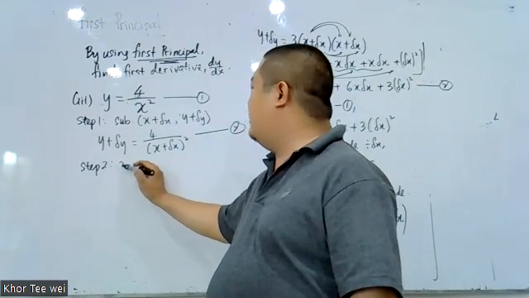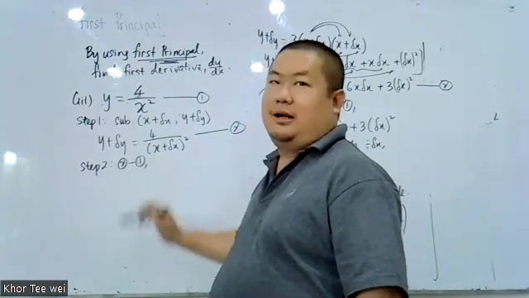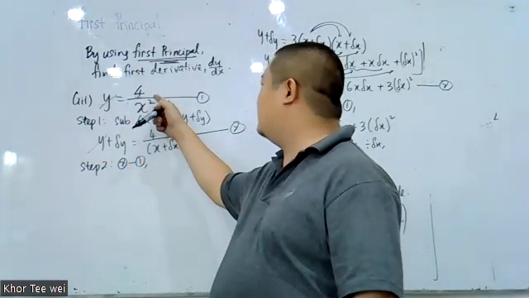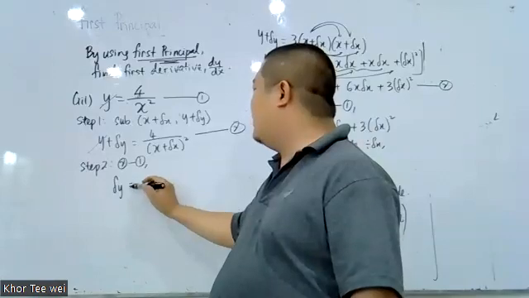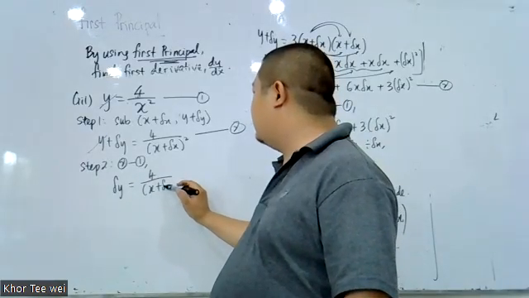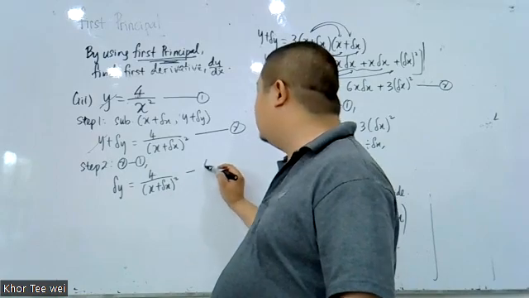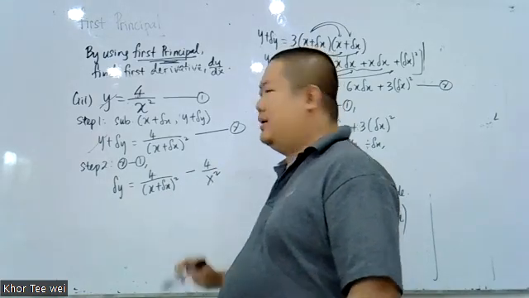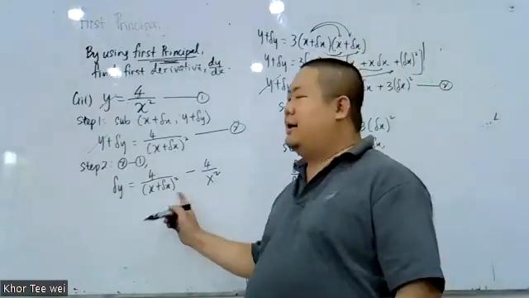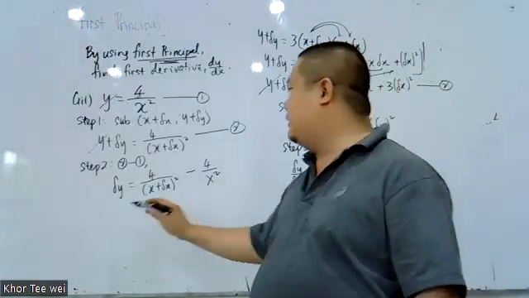Okay, now we're going to step 2. Your step 2, I already mentioned, is equation 2 minus 1. So your y and y are cut, but this one is not the same, we cannot cut. So I just write down delta y equals 4 over (x plus delta x) squared minus 4 over x squared. Now I need to make the denominators the same.